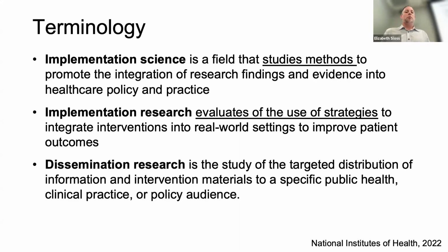And then dissemination research, which we won't talk a lot about today, but it is often the forgotten side of the D&I acronym. Similarly, dissemination science is essentially the study of dissemination strategies and methods. Dissemination research is the study of targeted distribution of information and intervention materials to specific public health, clinical practice, or policy audiences.